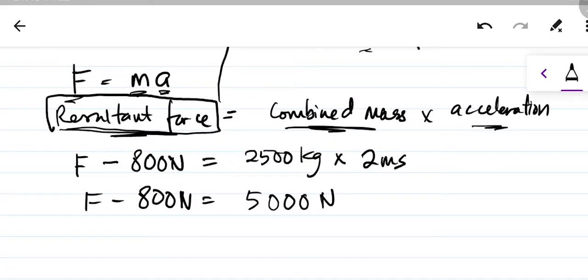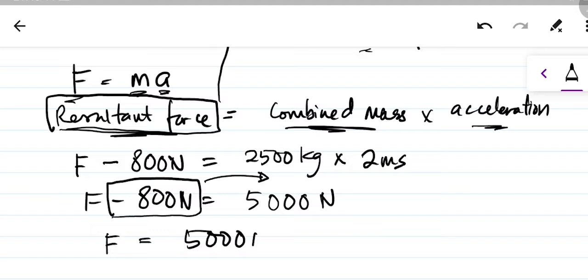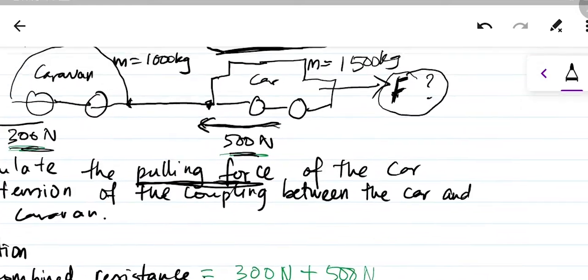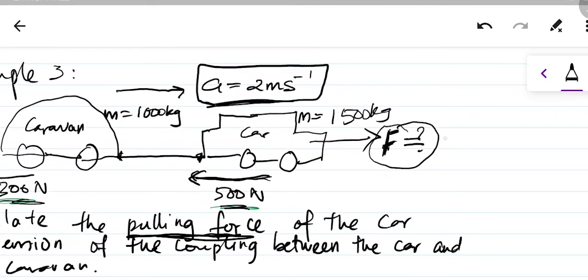We move this to the other side, so F equals 5,000 Newton plus 800 Newton, which gives 5,800 Newton. So this pulling force equals 5,800 Newton. That is part 1.